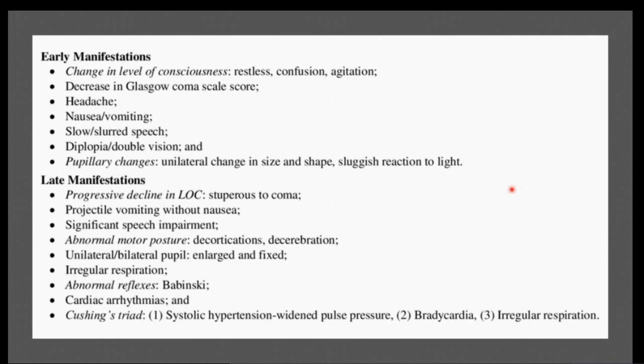Then gradual pupillary changes may happen. If there's compression on the third cranial nerve due to uncal herniation, this may cause dilatation of the pupil.